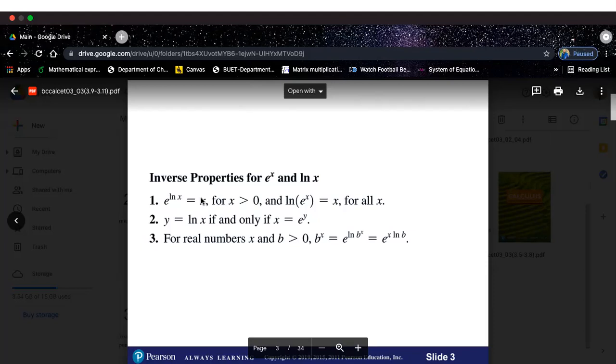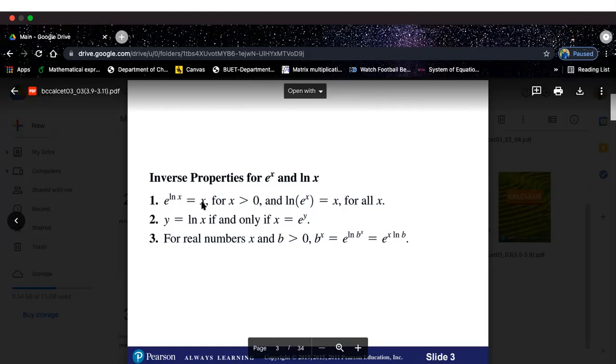For any x, you can rewrite it as e to the ln x. So these values are actually equal. You can write one of these in place of the other.